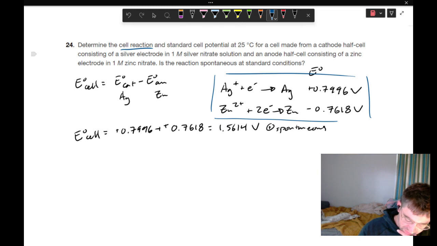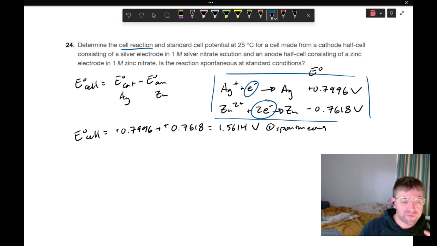So we have our cathode species keeps the electron on the left, and then we're going to have to flip the anode species, which is our zinc. And we're going to flip that around so that the 2 electrons associated with it are on the right side of this equation.